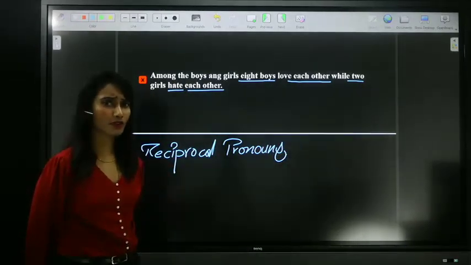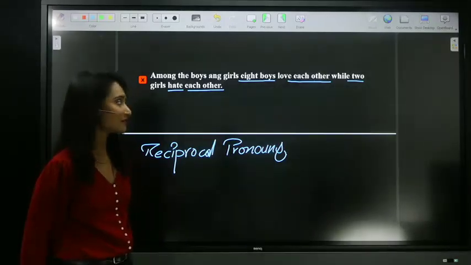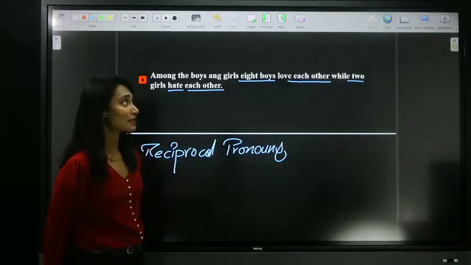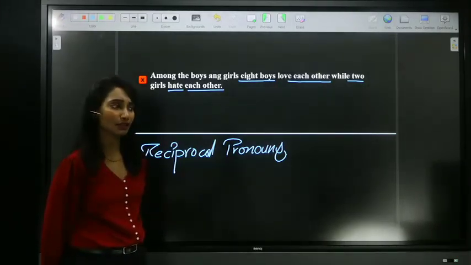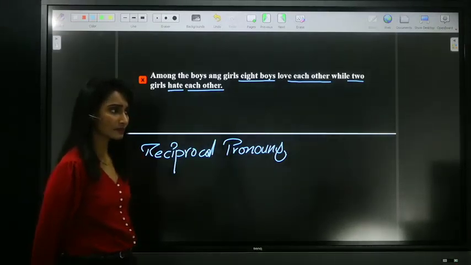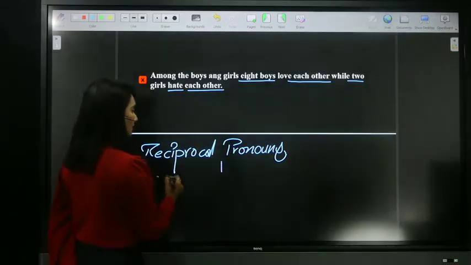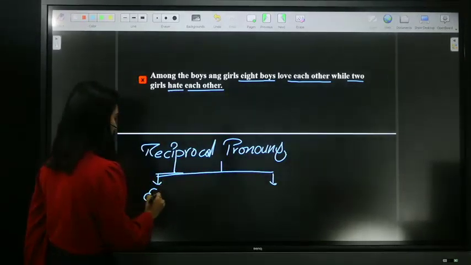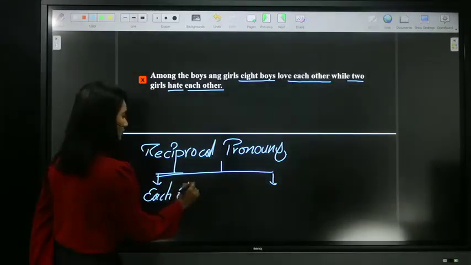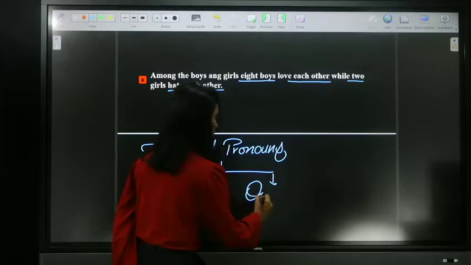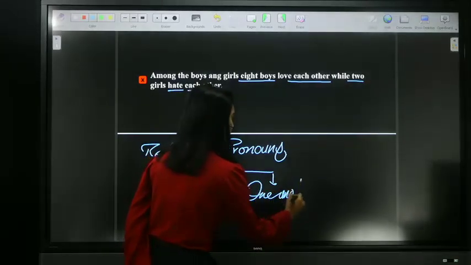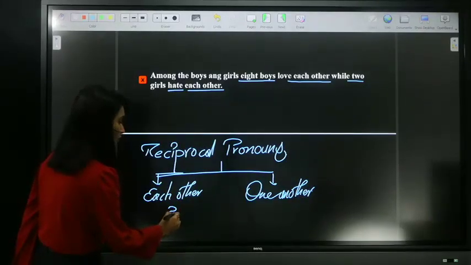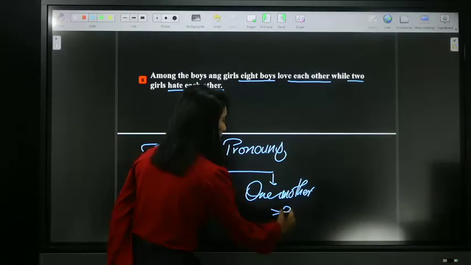So how many reciprocal pronouns do we have, and what are their usage? We have only 2 reciprocal pronouns. One, each other. Two, one another. Each other is used for only 2. One another is used for more than 2.